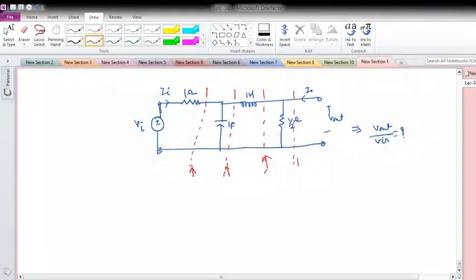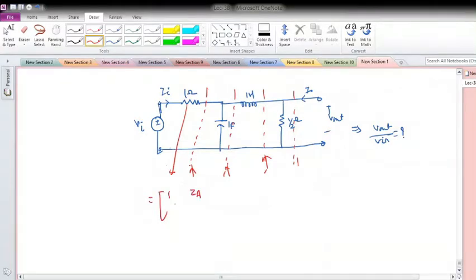As we know, the ABCD parameter can be obtained by the multiplication of the ABCD parameters of the other subnetworks. So if I consider this element in series, we know what that ABCD matrix is.